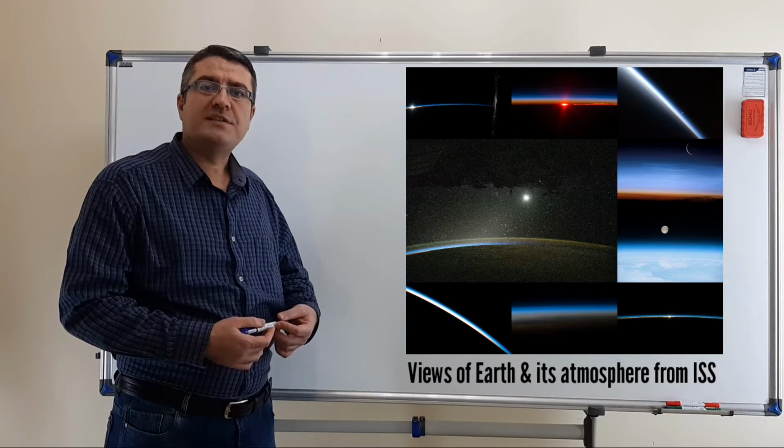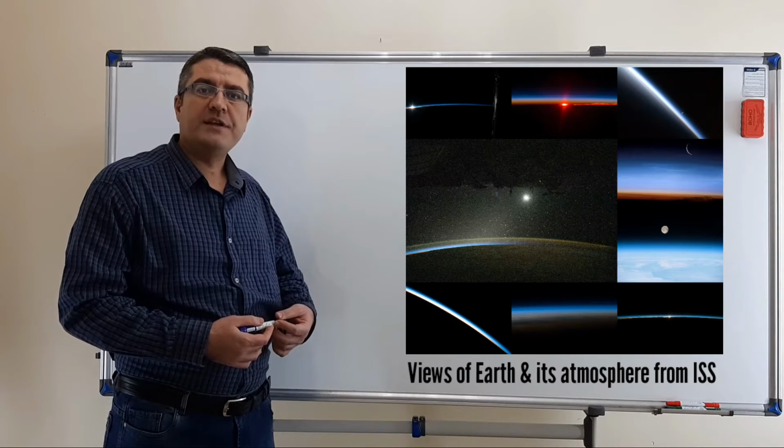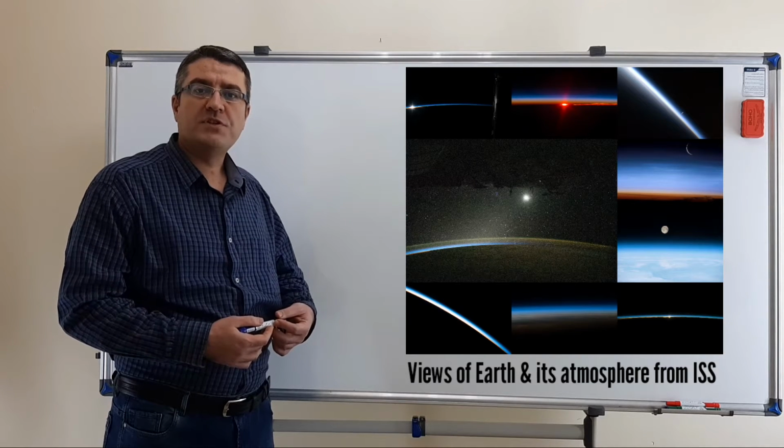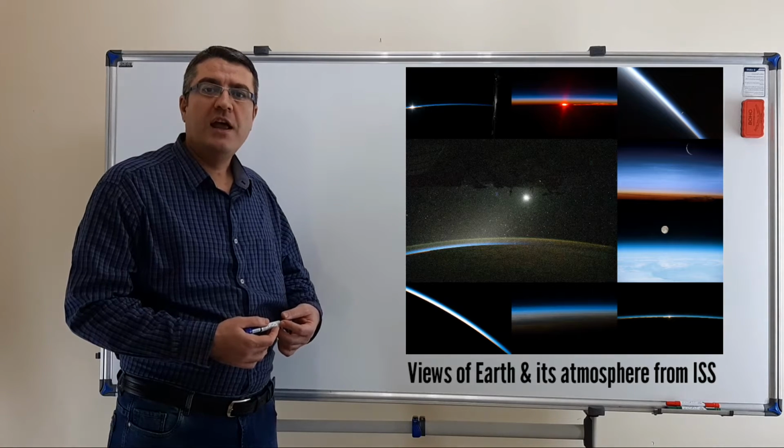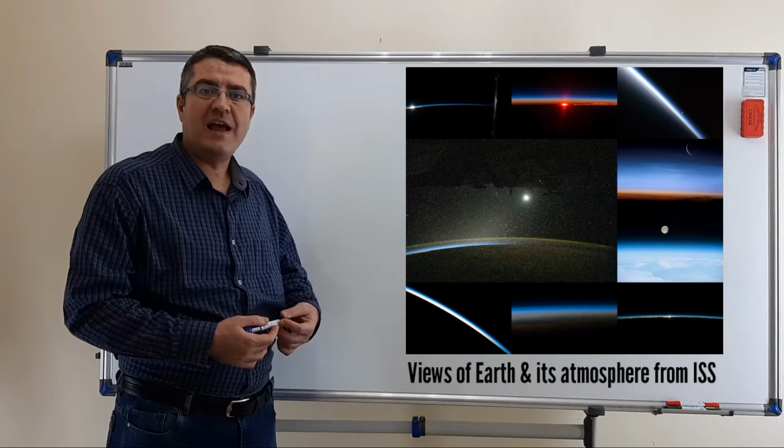In addition to its change over time, Earth's atmosphere varies in density, composition, temperature, and pressure as altitude or height from the ground level changes.